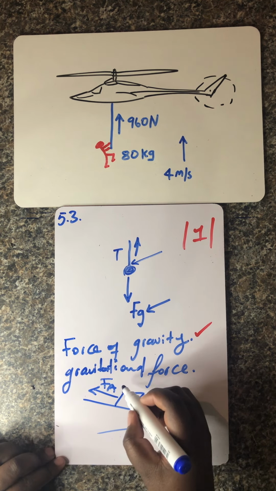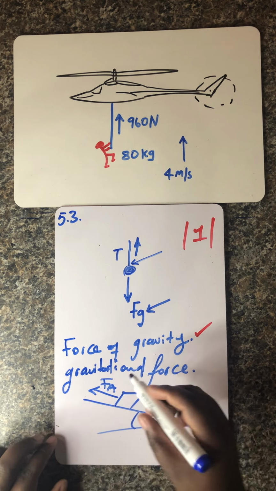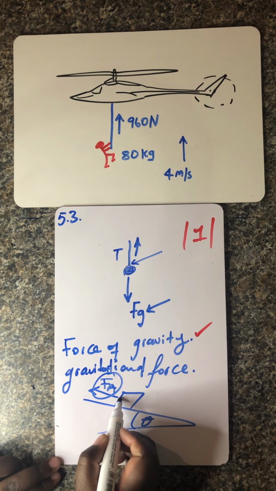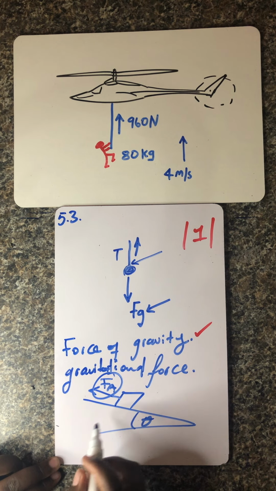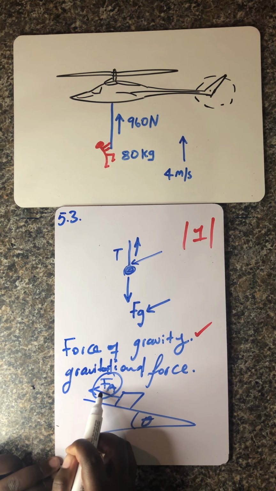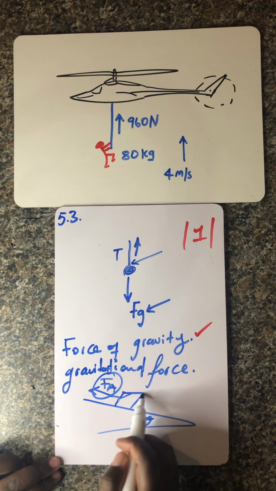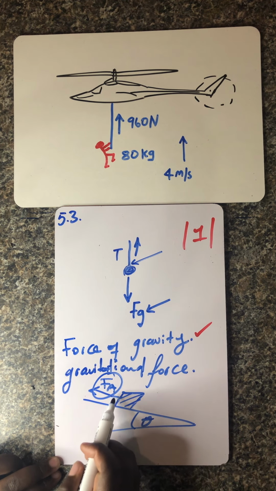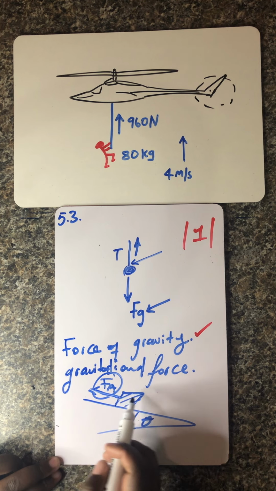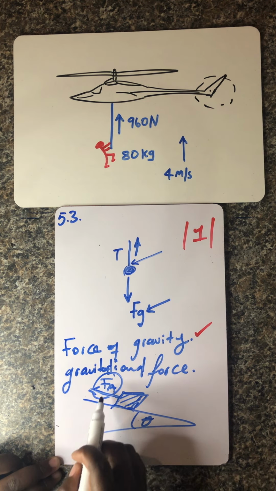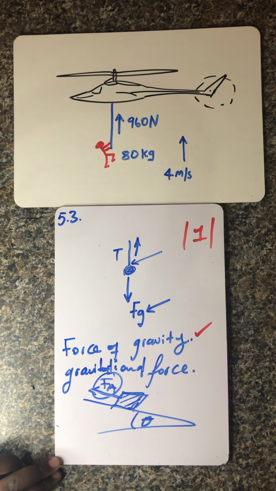This is one of the contact forces, because it could be a string or whatever is pulling this object. That string will be in contact with that object, so the applied force is a contact force.